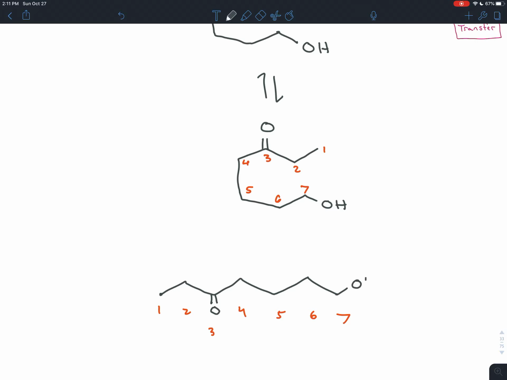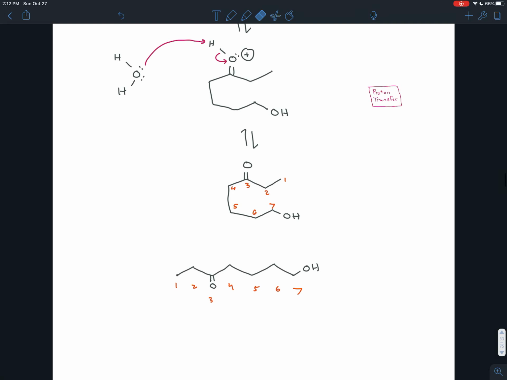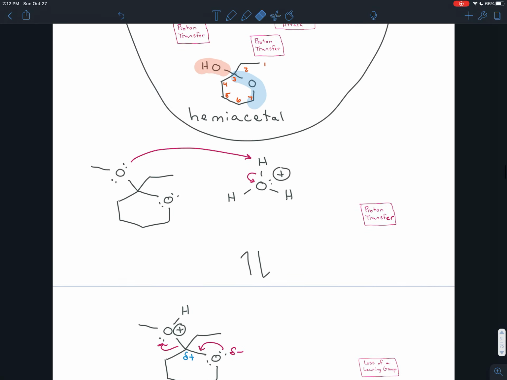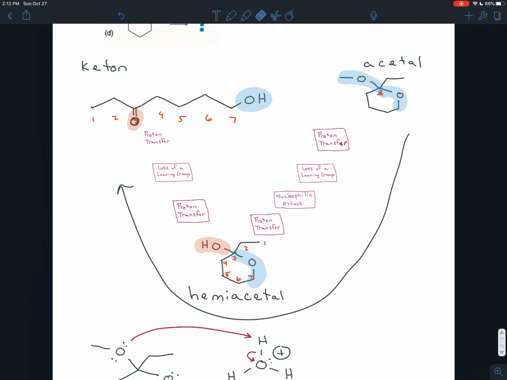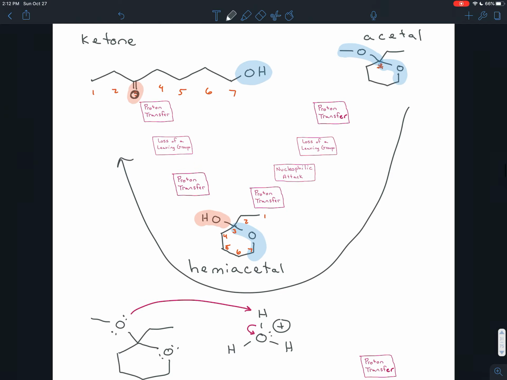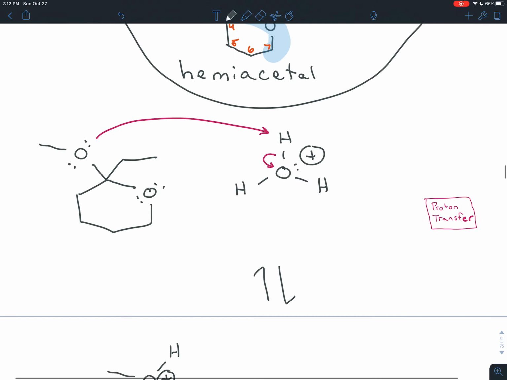And off of carbon number 7, we have an alcohol. And you'll notice that that is the same molecule that we drew originally at the very beginning here. We have the carbonyl off of carbon number 3, the OH off of carbon number 7.